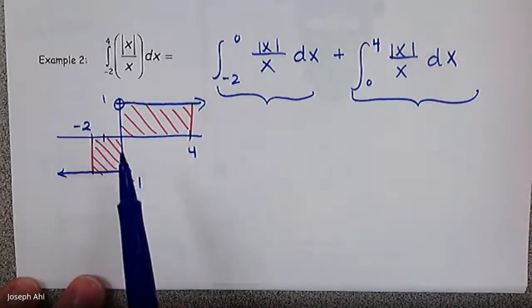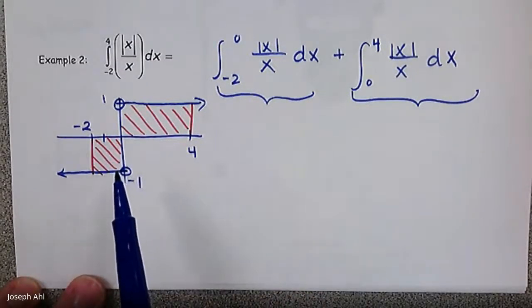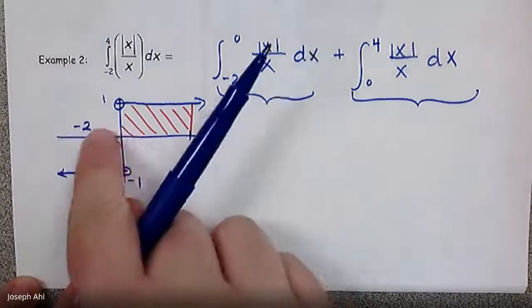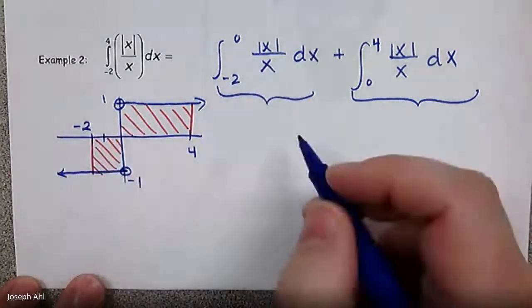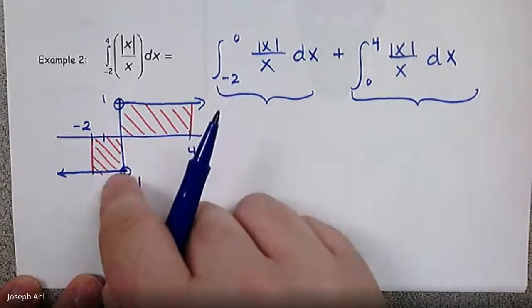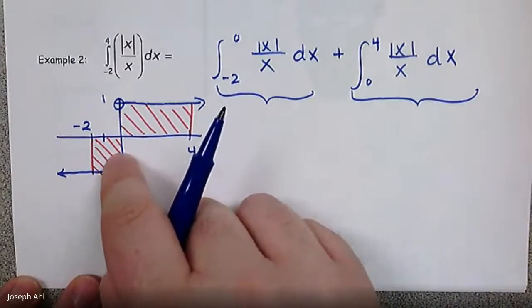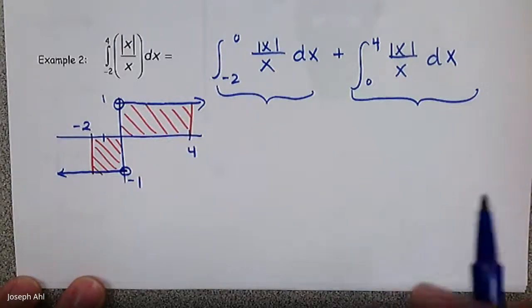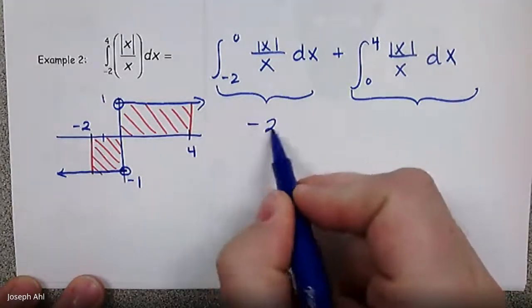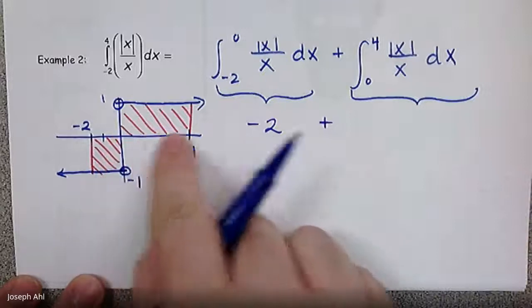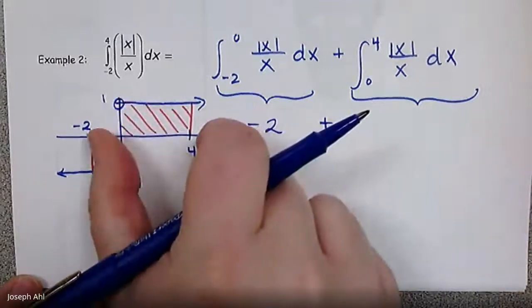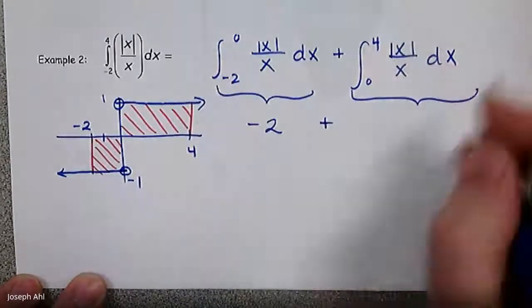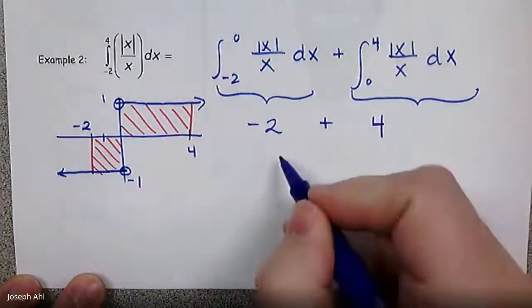I know that the area from -2 to 0 is going to wind up being, this is a 2x1 rectangle right here. Now, because it's below, it depends how I'm asking this question, right? Am I looking for accumulated area or total area? Well, we'll kind of answer both. If we do accumulated area, that's -2 plus, this is a rectangle that's a length of 4 and a width of 1. So this is going to be -2 plus 4.